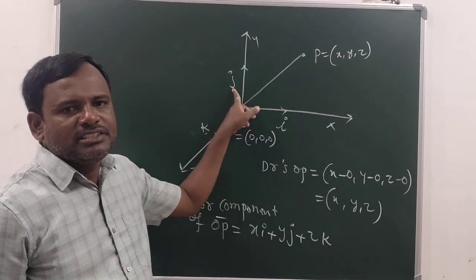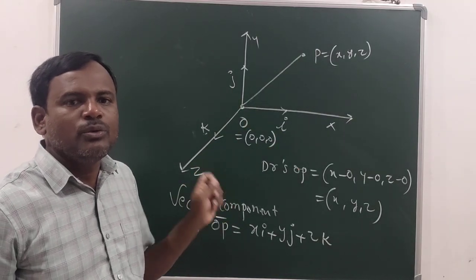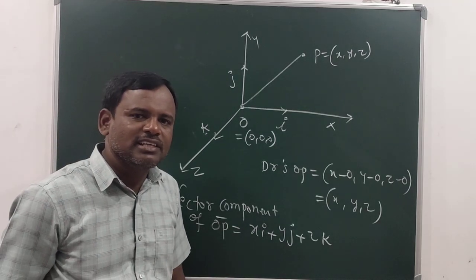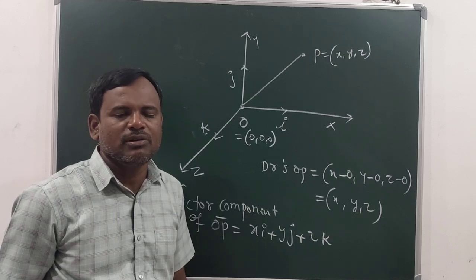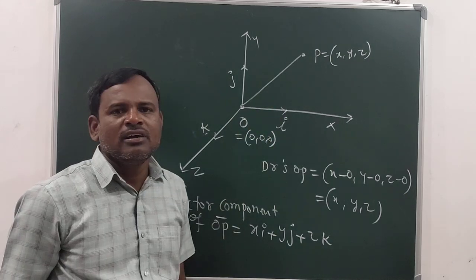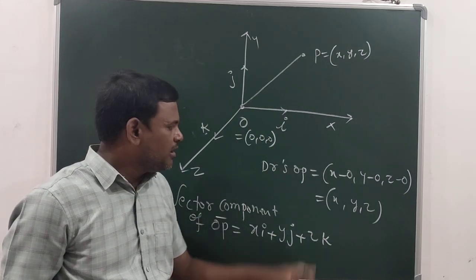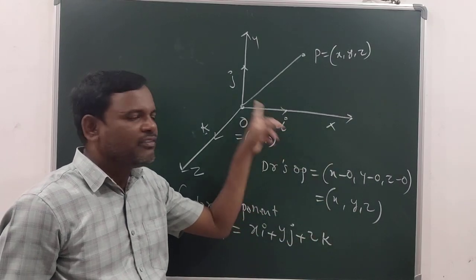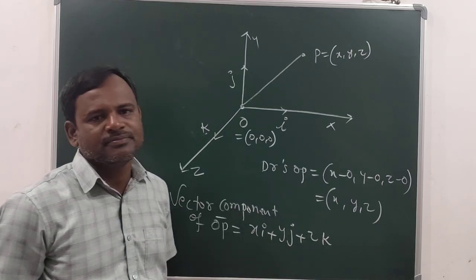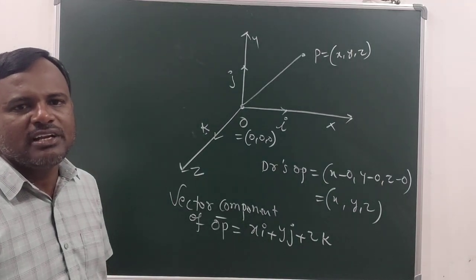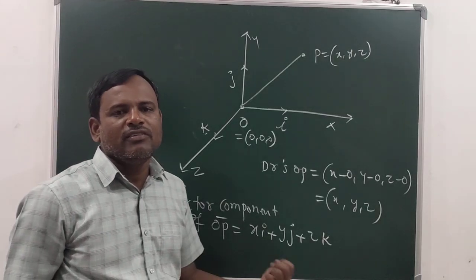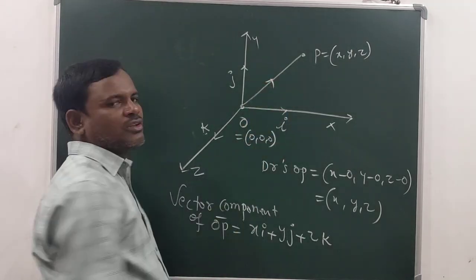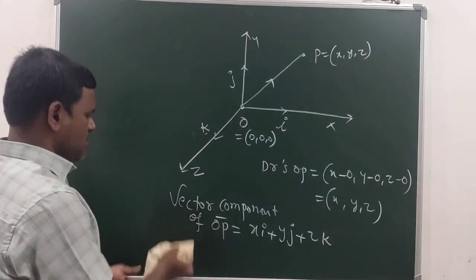I took i, j, k as unit vectors which act along the positive direction of the x-axis, y-axis, z-axis respectively, and I prepared the drs of OP. I got x, y, z, and this drs of OP I multiplied with i, j, k, so that I got this. Like this you have to generate the vector component of a directed line segment. Okay students, right.